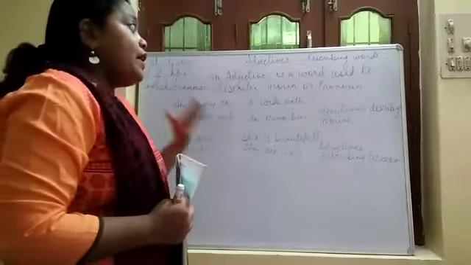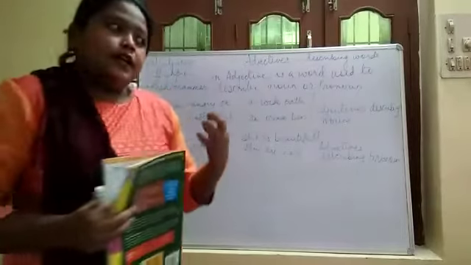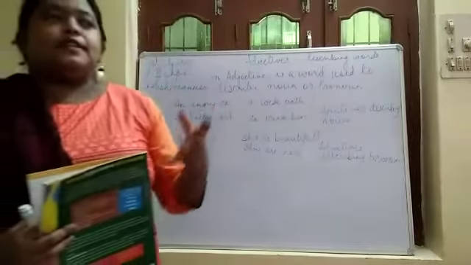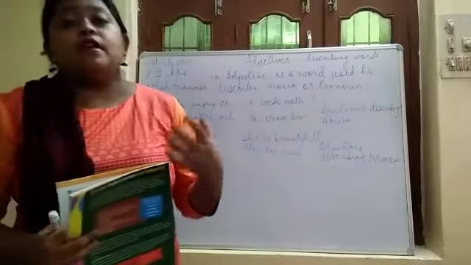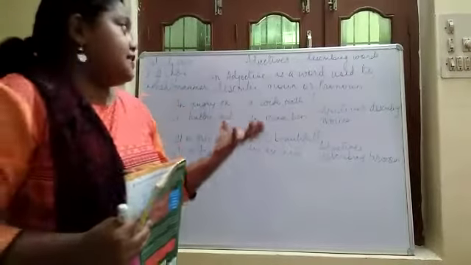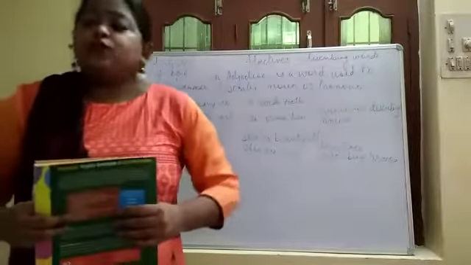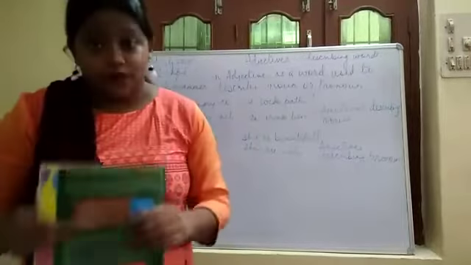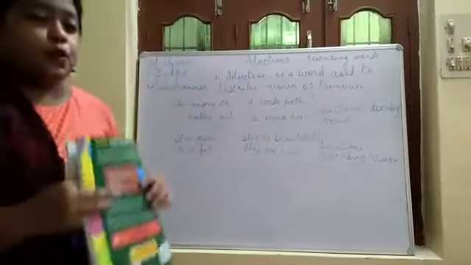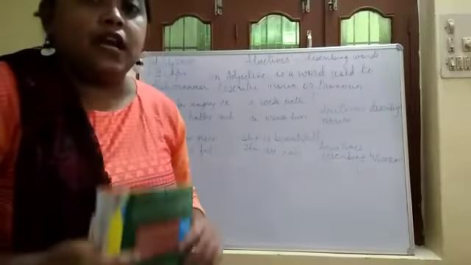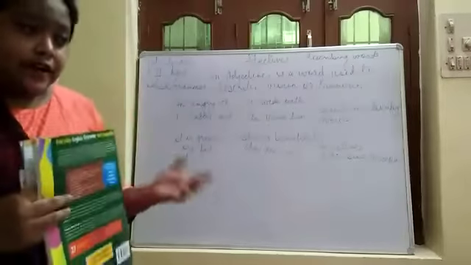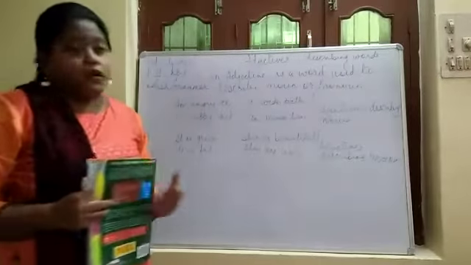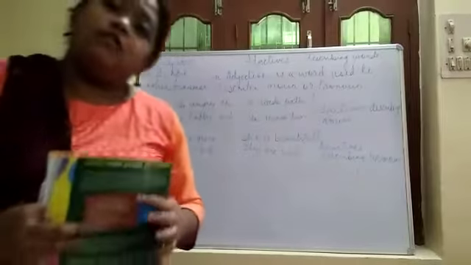Now, when we describe a particular person, place, animal, thing, or a noun or a pronoun, it's considered to be an adjective. So adjective is a word that describes a noun or pronoun. I repeat, adjective is a word that is used to describe a noun or a pronoun.